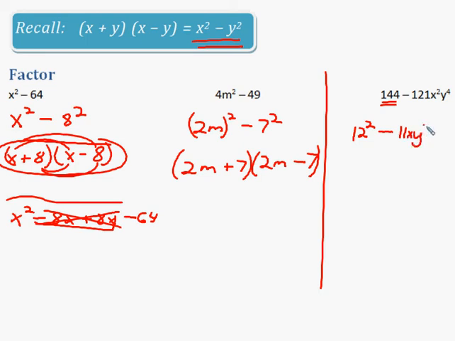Well, that would be y squared. So we could write it like this, and so again we see it fits this form up here, and so this is 12 plus 11xy squared times 12 minus 11xy squared. So it fits the form, and so we can factor it like that.